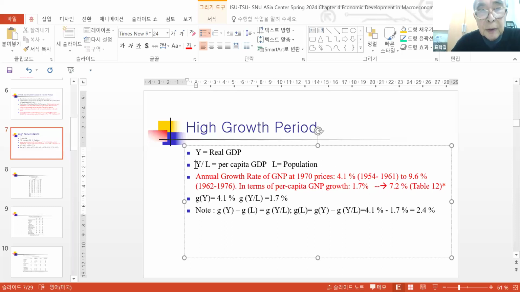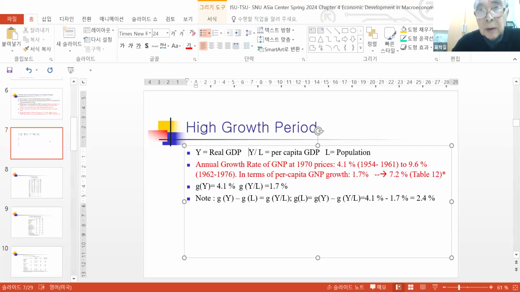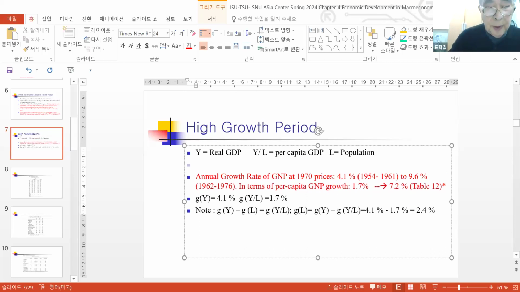In fact, this is math: log y is equal to log Y minus log L. I know Russian students are very good in mathematics.